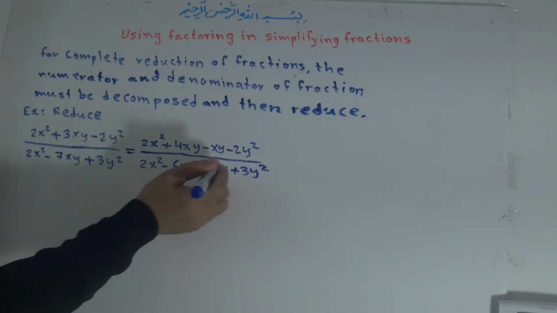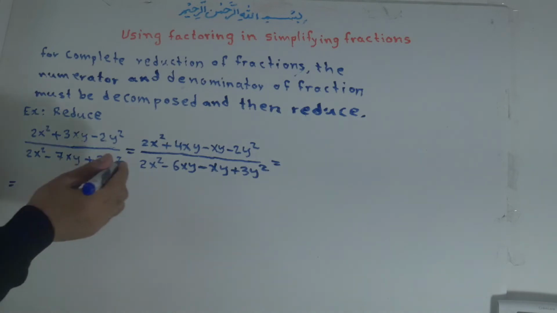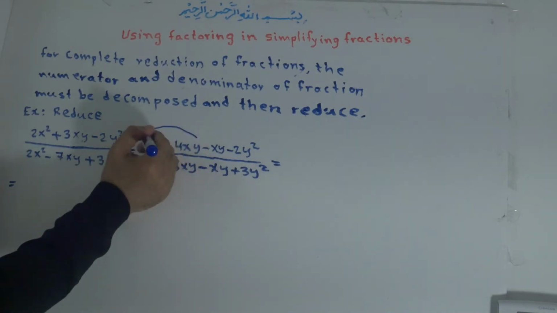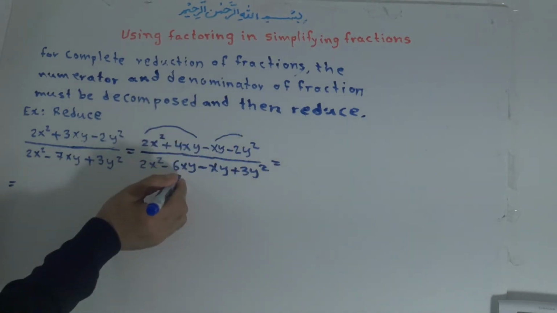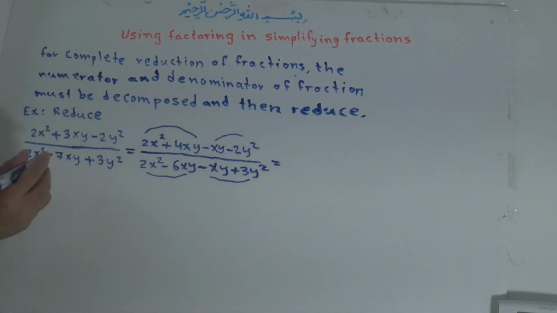Now according to the factoring law, what do we do? We take common 2 by 2: this first 2, and the second 2, and these 2, and this 2. In the first 2, what is common? Here 2x is the common factor. Now what remains? 2 is out of the factor.